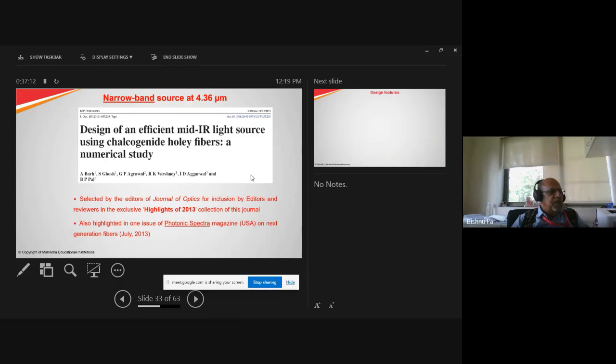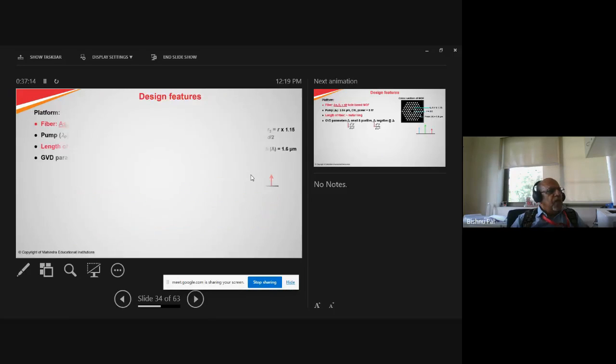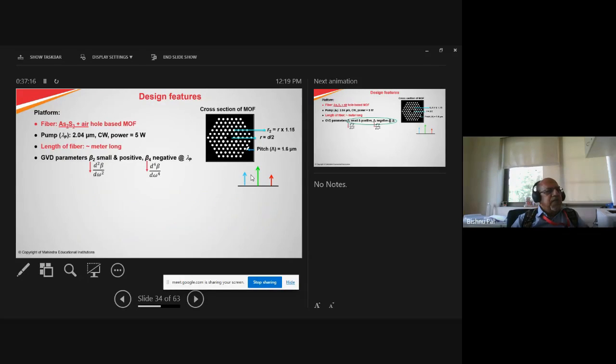So this is one of our first papers. The design feature is essentially a microstructure fiber with a central core region of higher refractive index, surrounded by a microstructure cladding of air and chalcogenide glass.